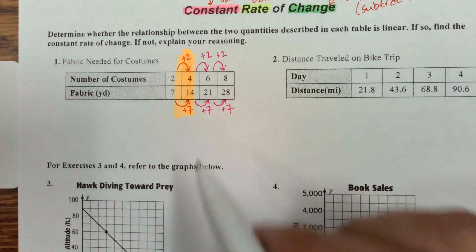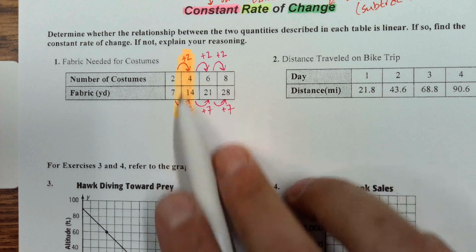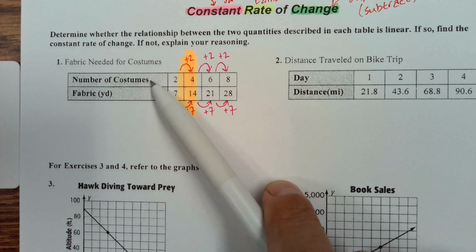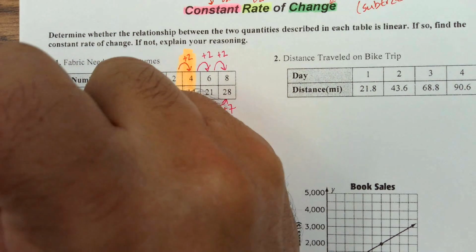Pick any pair of changes. So we've got a 2 and a 7. I'll pick this one. Okay, and now we have to set it up as a rate. Do we want costumes per yard or yards per costume? Yards per costume. Once you look at the possible rates, it will make sense which one you want to set up.